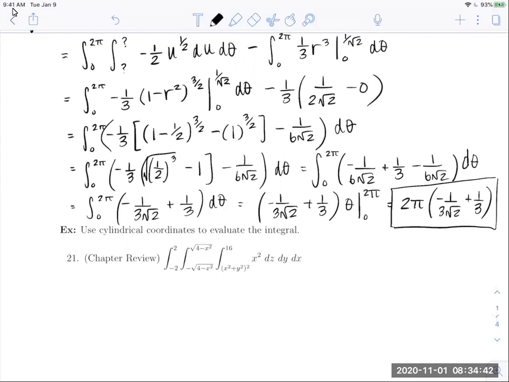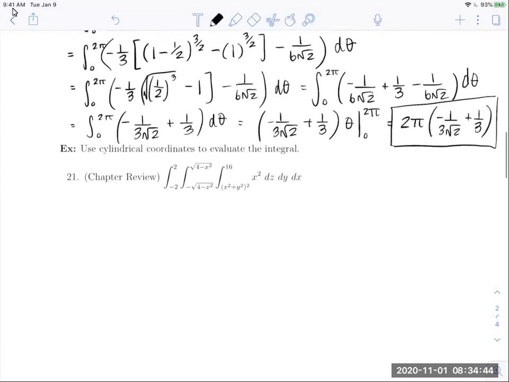And so that's exactly what this next problem is doing. You'll notice that I pulled this from the chapter review. Problem 21, use cylindrical coordinates to evaluate the integral. All right, so what I'm going to do here is start by taking a look at the integrand as well as our differentials, and let me talk off to the side about what those transform to.